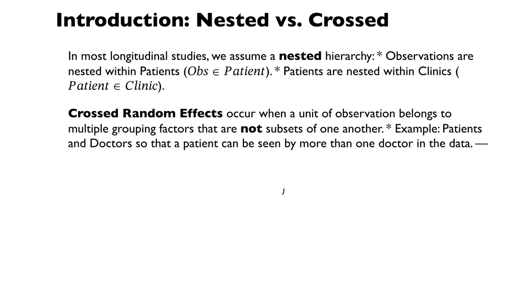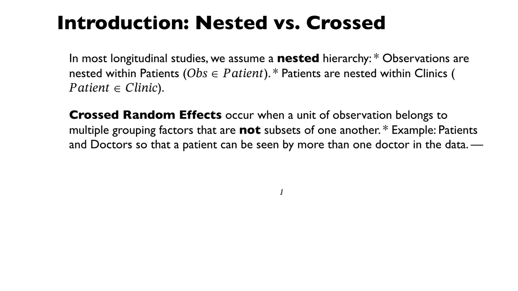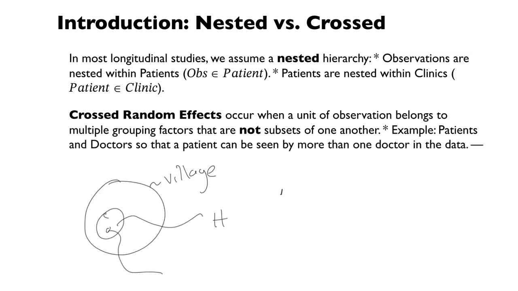So we've talked about units that are nested, right? We have one unit and a subunit, so we have a village, and that contains households, and they contain people, and then we might follow them over time. So we have this hierarchical structure.